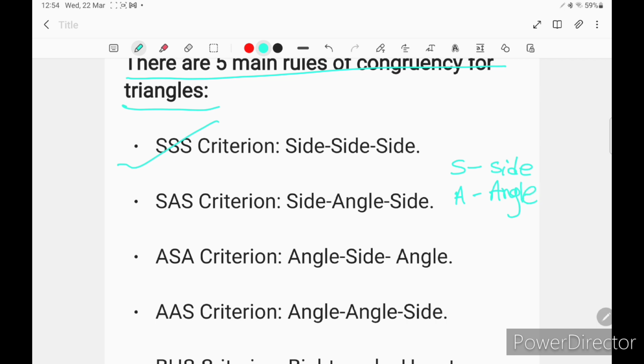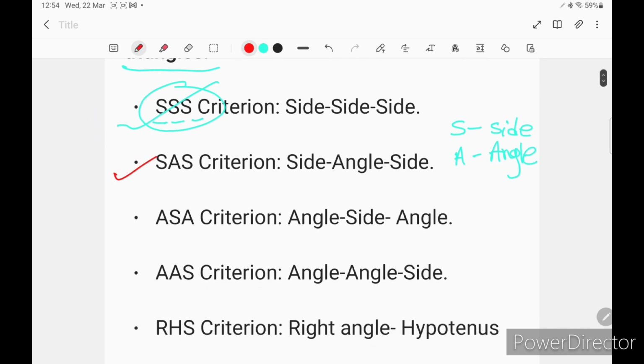Any two triangles whose three sides of one triangle are equal to the three sides of another triangle, the triangles are congruent, and by which criteria? By SSS criteria. Second is your SAS criteria. S for side, A for angle. If two sides and one angle are given, the two triangles are congruent by SAS criteria.